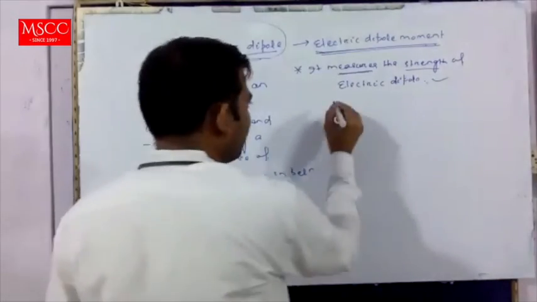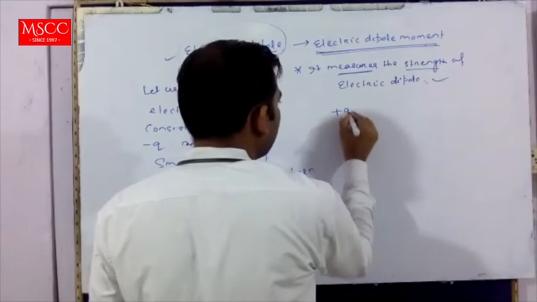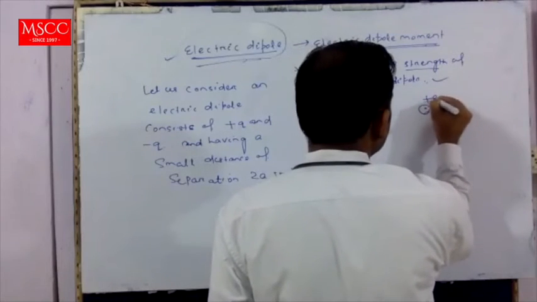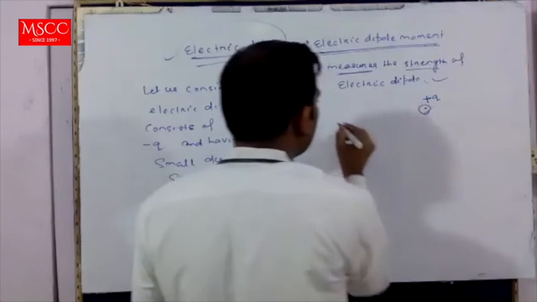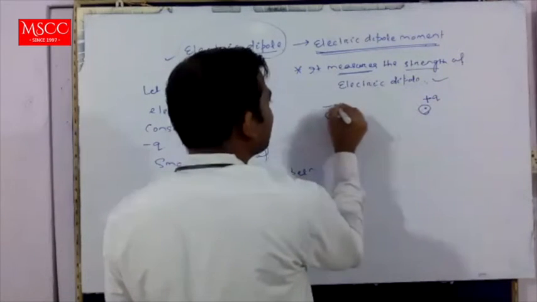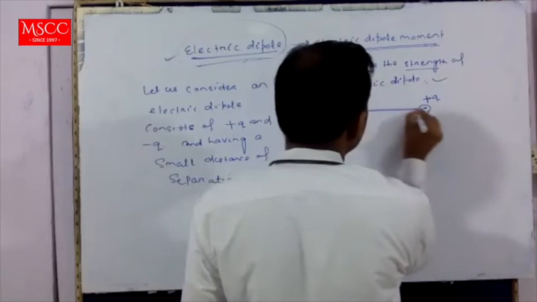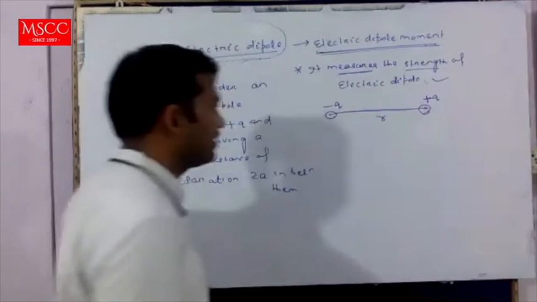That is just a diagram. Suppose this is plus q and suppose this is minus q. Small distance of separation, suppose this is r.